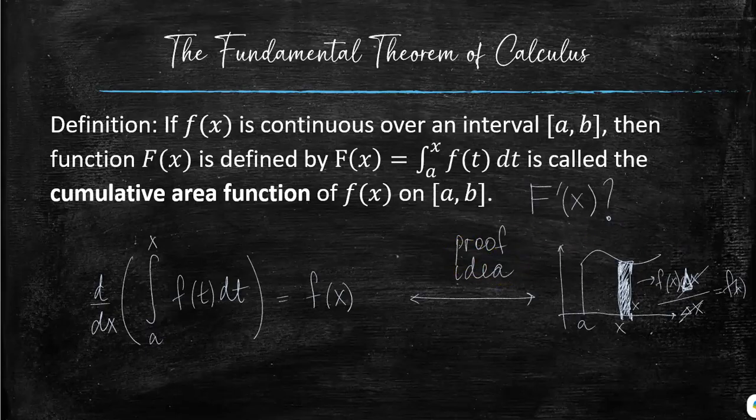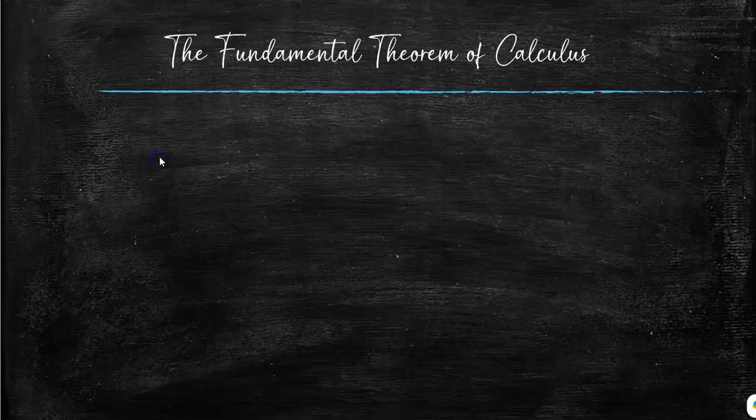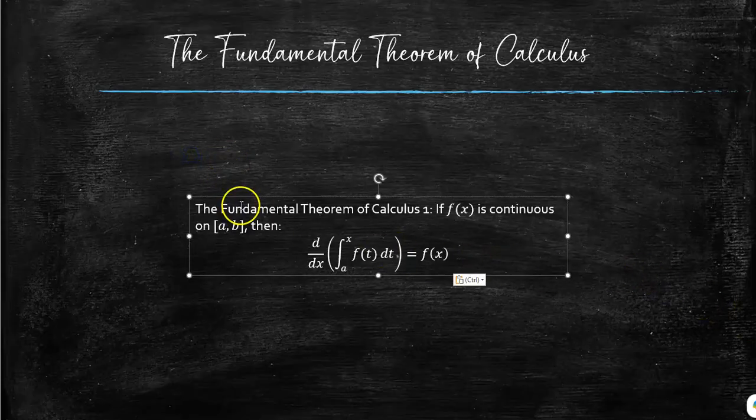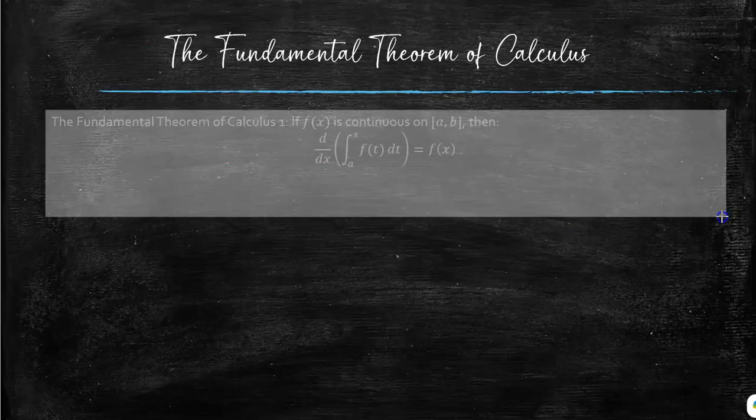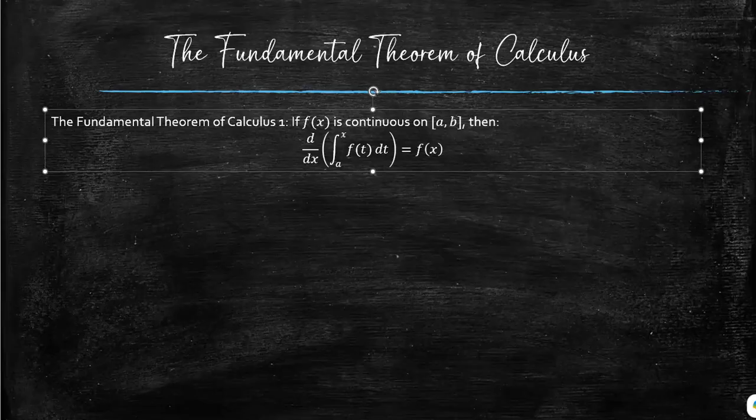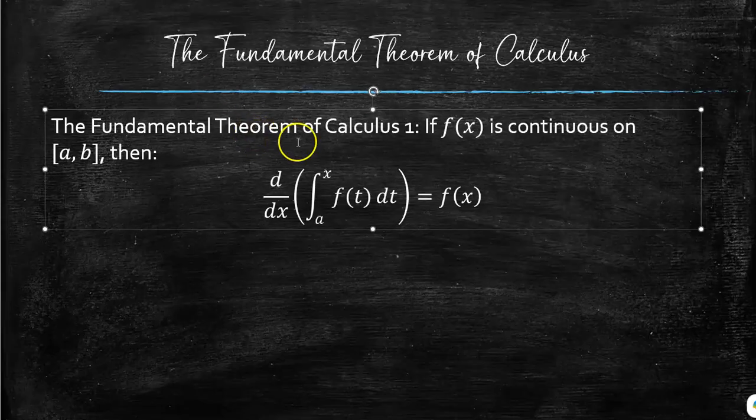All right, so let's unpack this statement. This statement is what we're going to refer to as the Fundamental Theorem of Calculus, part 1. So we abbreviate the Fundamental Theorem of Calculus, FTC, and we call this particular statement FTC1.